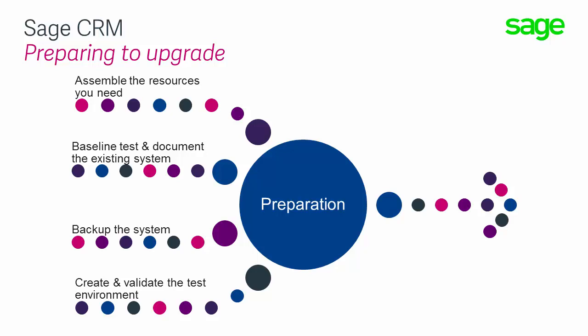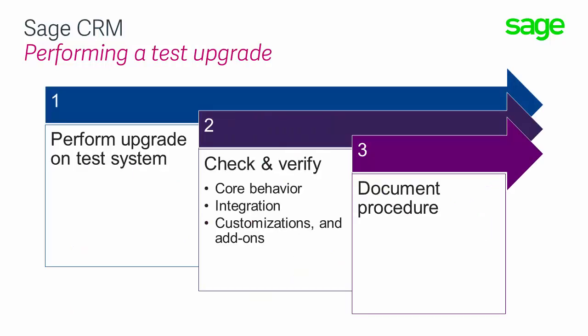So if you get stuck, you need to be able to understand what has happened within the system. So you always need to make sure that you've got a backup of the system, have a clear recovery point. And then once that's done, create and validate a test environment so that you can prove the upgrade.